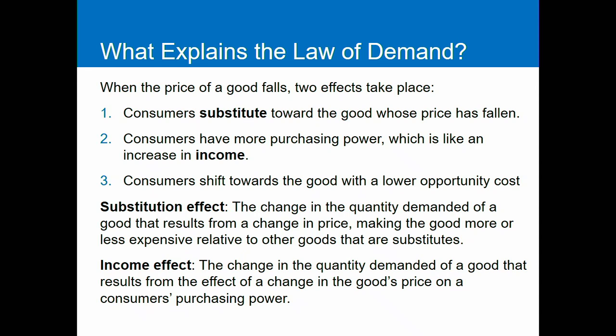Second, consumers have more purchasing power, which is like an increase in income. Because the cost of whatever good is now lower, they can buy more of it with that same amount of income. So it's relatively cheaper. And third, consumers shift towards a good with a lower opportunity cost. That's going to come into play a little bit later. That's probably not as intuitive as the first two parts.